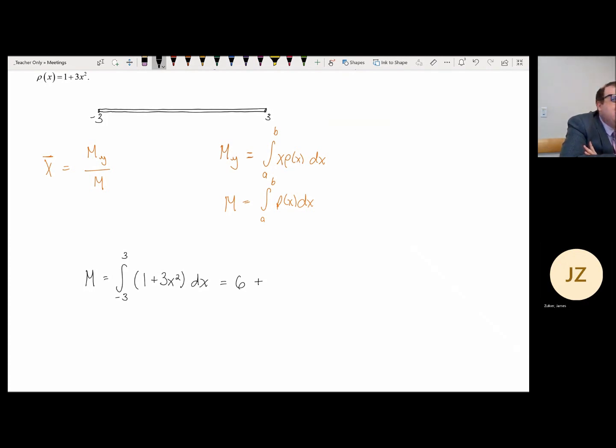Antiderivative of 3x squared is x cubed, from 3 to -3. Just twice 3 cubed. 3 cubed is 27, twice that is 54. Total mass would be 60, and then whatever the units would happen to be. It depends on what the units of density are.